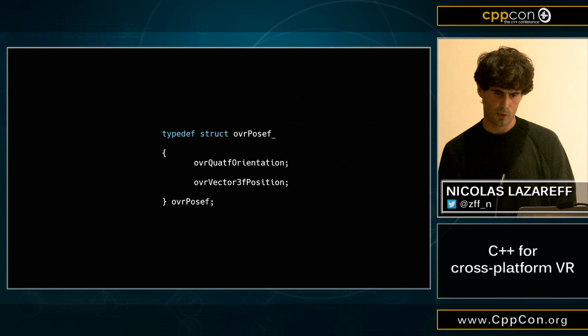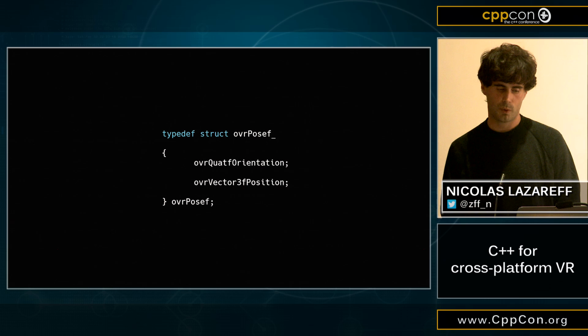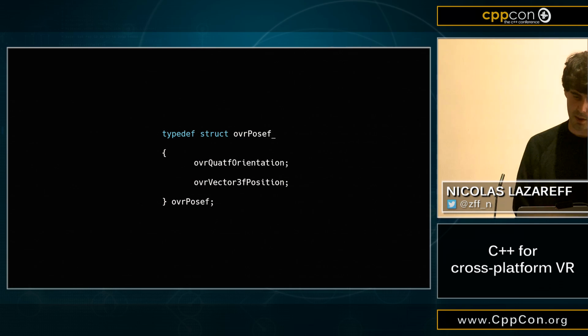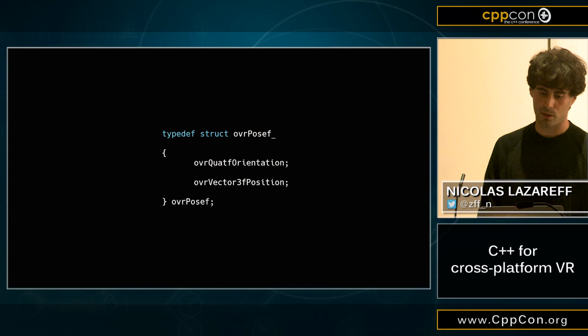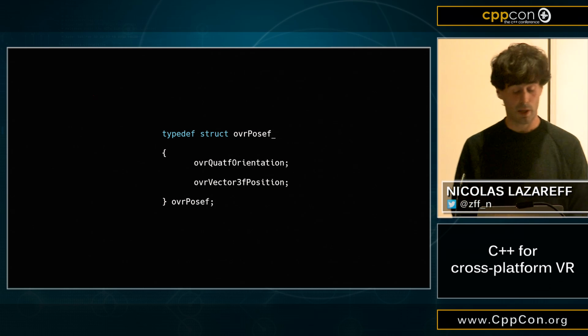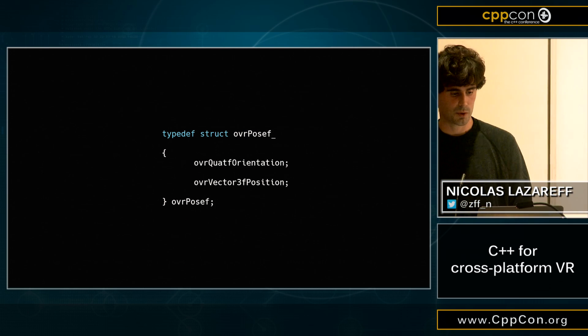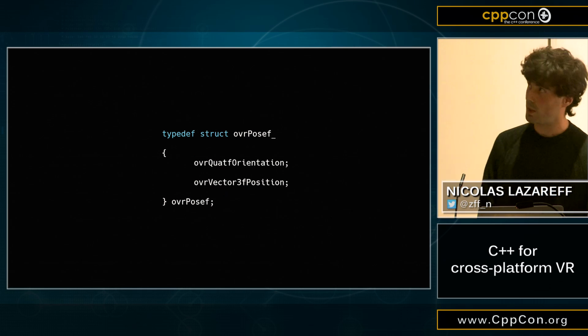So what does this look like in practice? One of the main things that all the SDKs provide is what's called tracking. And that's the position of the head in space along with the orientation of the head. So it's what you're looking at and where your head is. So in this case, we're seeing what the Oculus struct looks like.